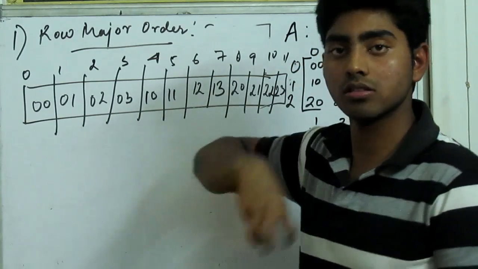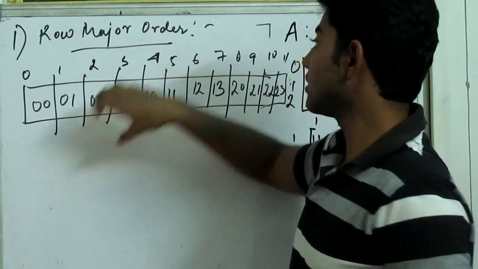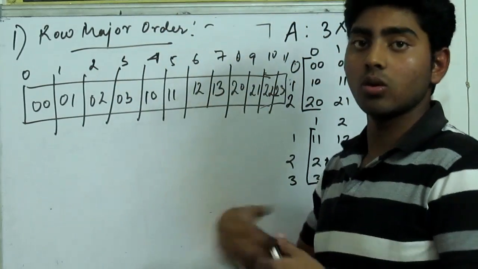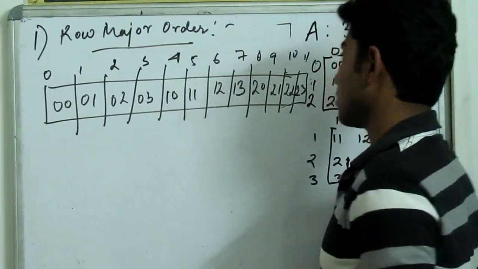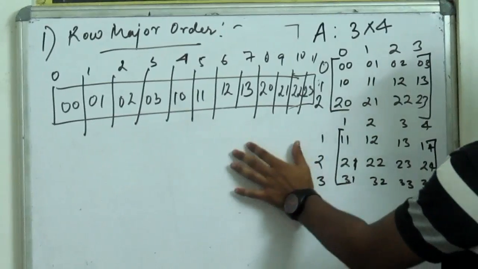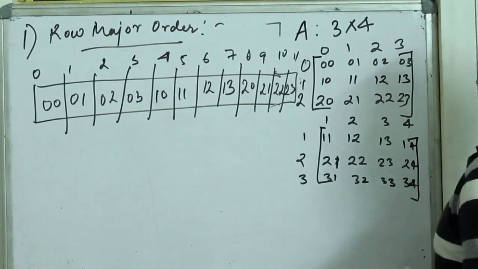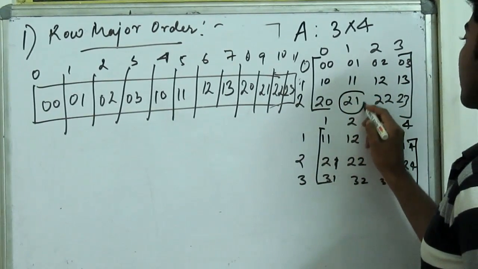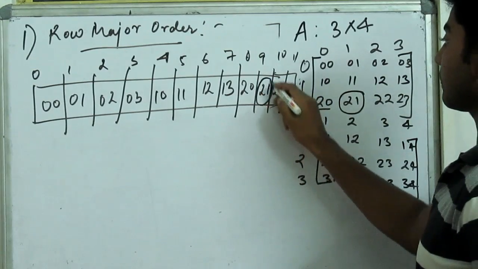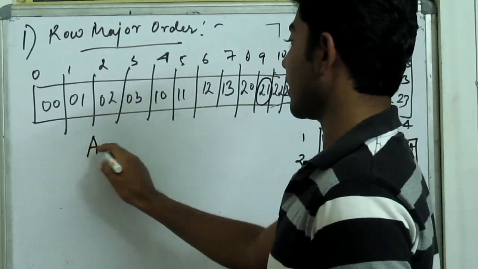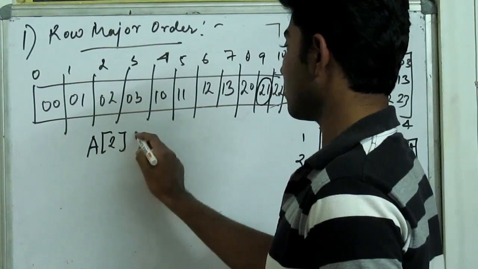But we should know the logic working behind this index to convert it into logical addresses. Now suppose I am interested in accessing the element 2 1. I want to find A21.